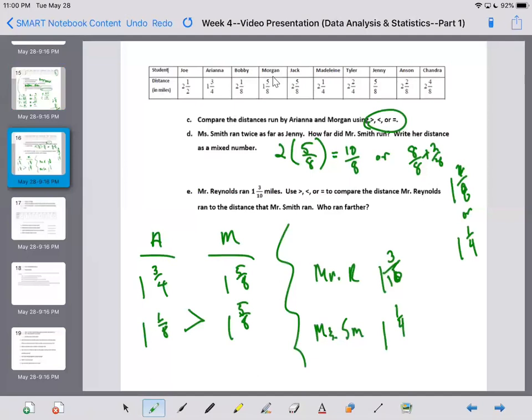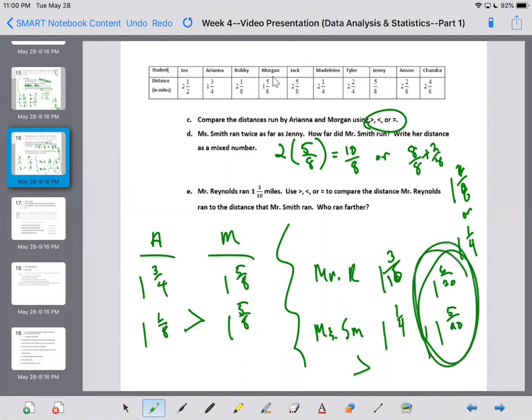If we need to, we could take this to 20ths. So this could be 1 and 6/20ths, and this could be 1 and 5/20ths. So we are trying to get to equivalent fractions, and so we would say that for Mr. Reynolds we would use the greater than symbol in regard to the comparison of those fractions.